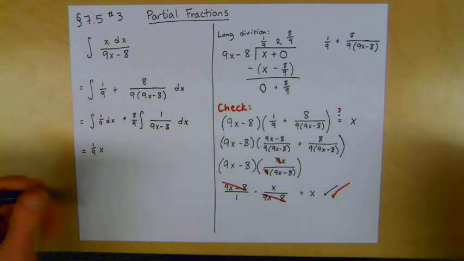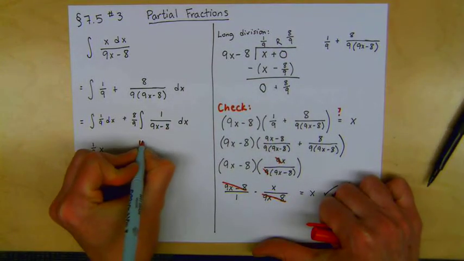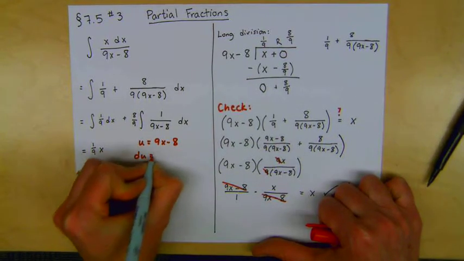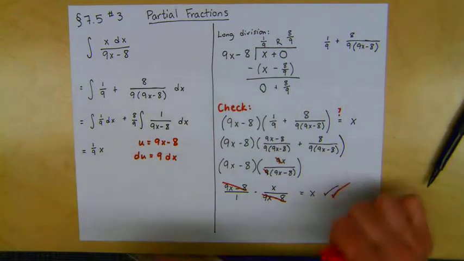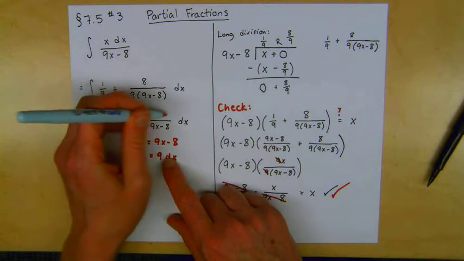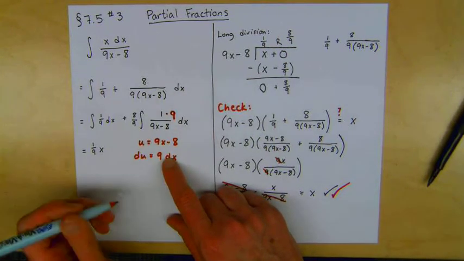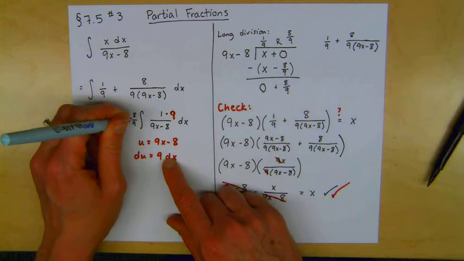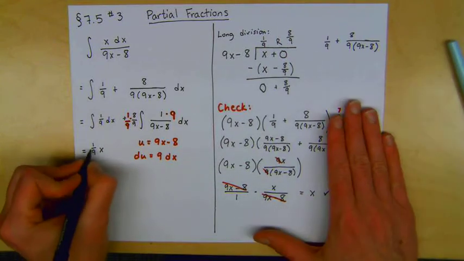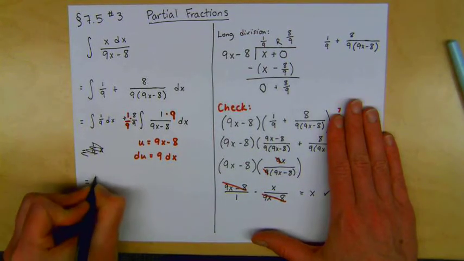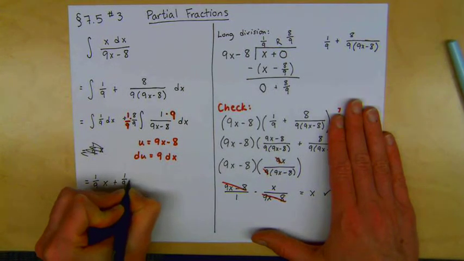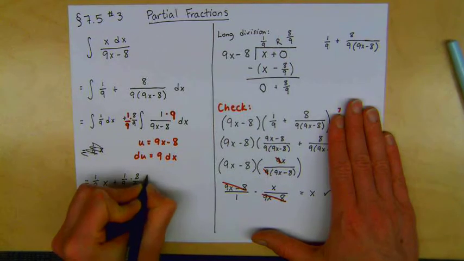And the second one, I'm actually going to do a u substitution. I'll let u equal 9x minus 8. So that way du is equal to 9 dx. So to compute this integral, I don't have a 9 in here, so I'm going to multiply the interior of the integral by 9, and I'm going to multiply the exterior by 1/9. Let's recopy this so I have a little more space. 1/9 x plus 1/9 times 8/9 times the integral.